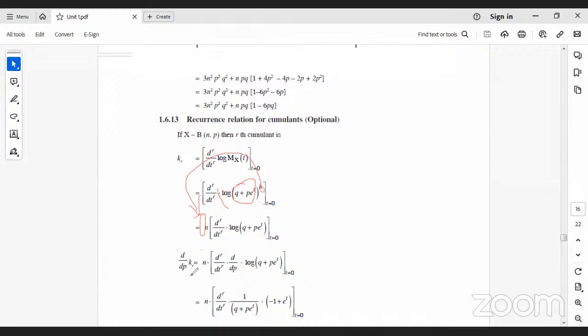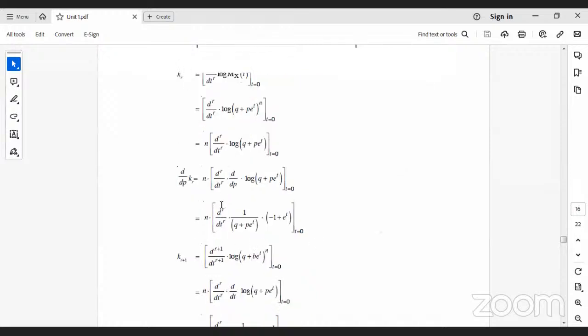So it is d power r by dt power r, again a partial derivative, d by dt of log.